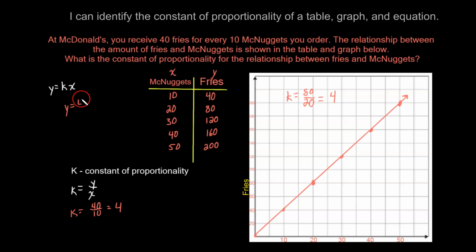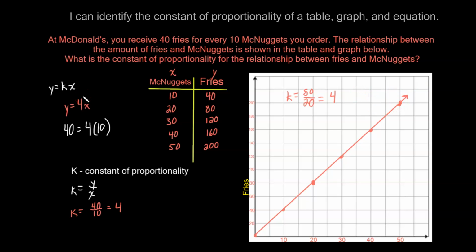So Y equals 4X, and X again being the amount of McNuggets. So if we were to plug 40 in for Y, we get 40 right here. So just as an example, we get 40 equals 4 times, well, the amount of McNuggets there would be 10, which is a true statement. 40 equals 4 times 10. Okay, so this is our equation that is represented by this table, and this is the equation that is represented by this graph right here.